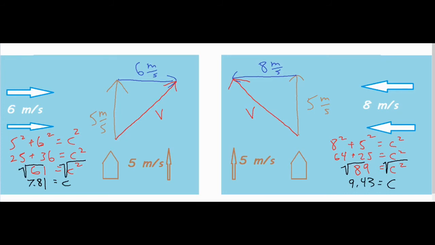All right, now the final thing that you may need to solve for is the angle, to get a very specific direction of which way that vector is pointing. We know that this vector is about 7.81 meters per second, which is a velocity, and this one is 9.43 meters per second as well.